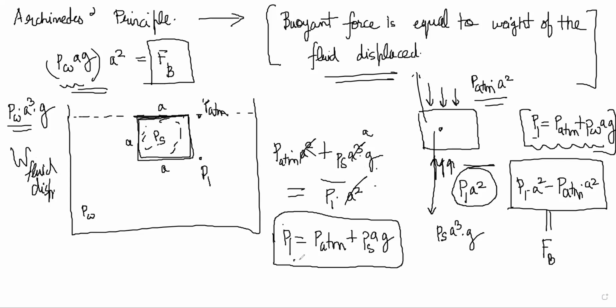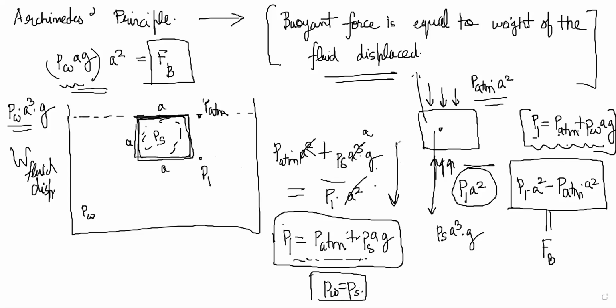So this is implying, we had assumed that it is floating here. This is implying that it will float only if rho W is rho S, right? This means just that it is floating only if it has the same density. It will float completely submerged only if rho S is equal to rho W. These two equations imply that only.